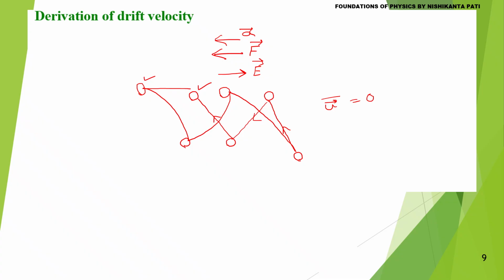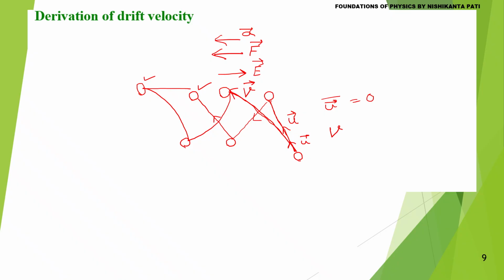If you observe, before electric field, in this path, the electron velocity remains constant at u vector. Then in the presence of electric field, this velocity is u vector, but this velocity does not remain constant, and here the velocity becomes v vector.